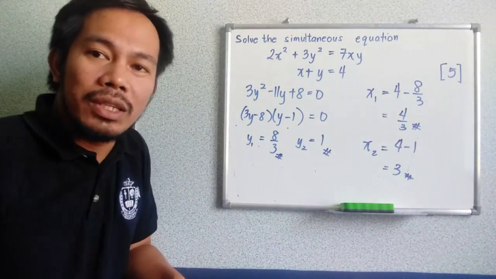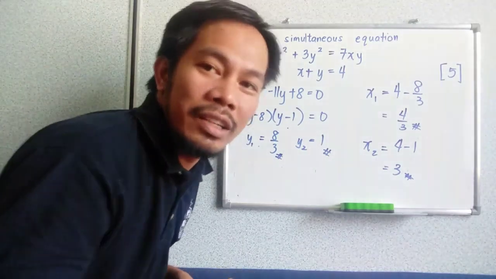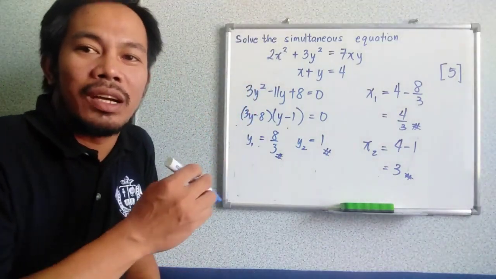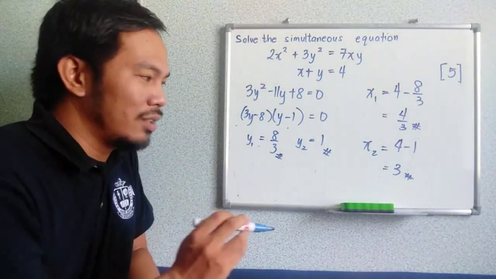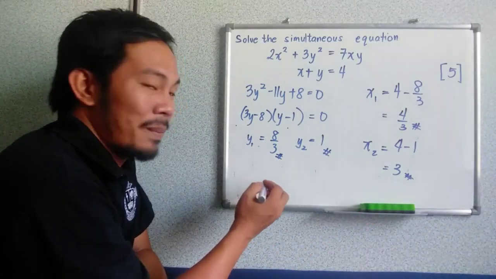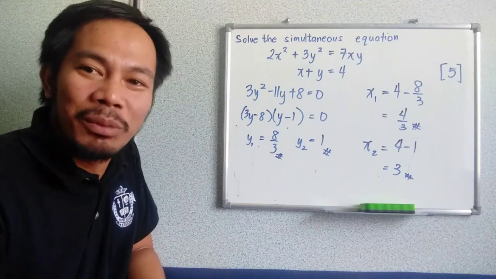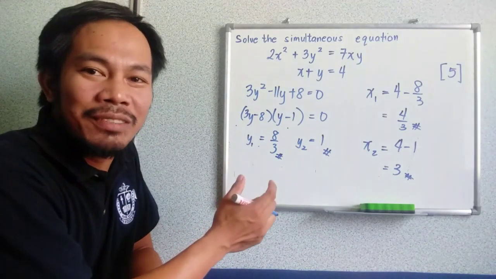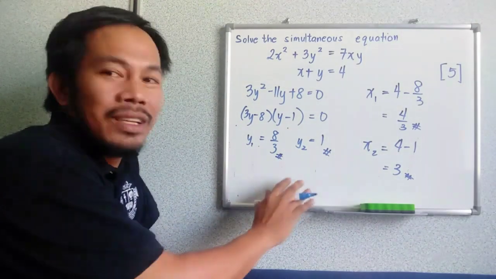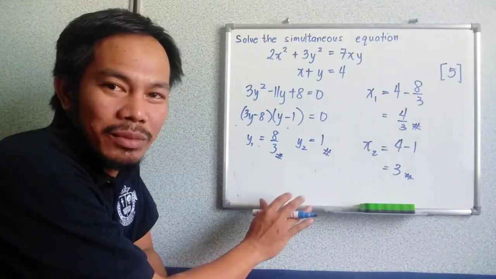Okay, now if the question is asking you what are the intersection points of the two equations, then you have to write it like this. If you are asked to give the intersection points, but since it's not asking for the intersection points, you are not supposed to be doing the last thing that I'm going to do.